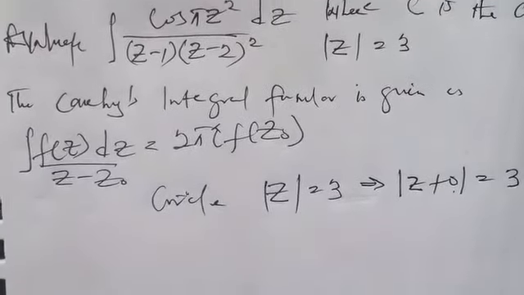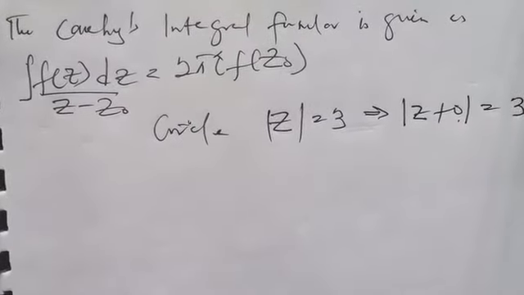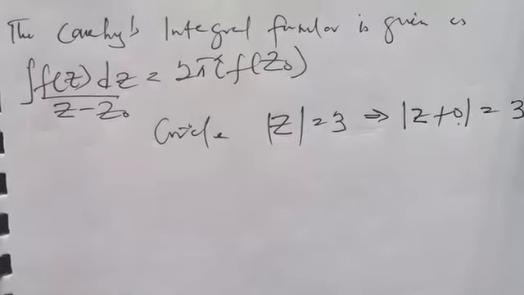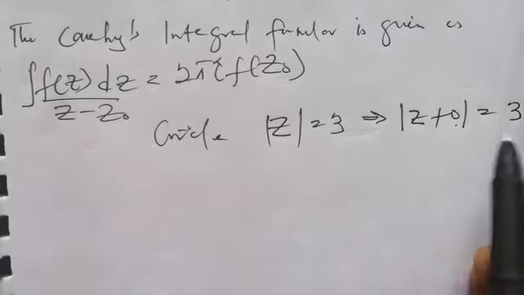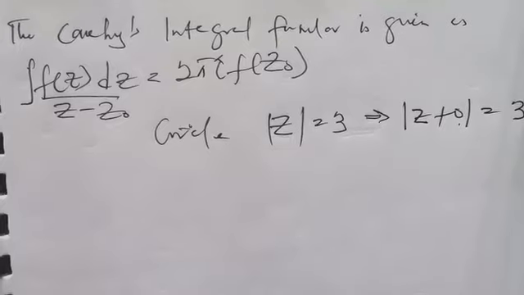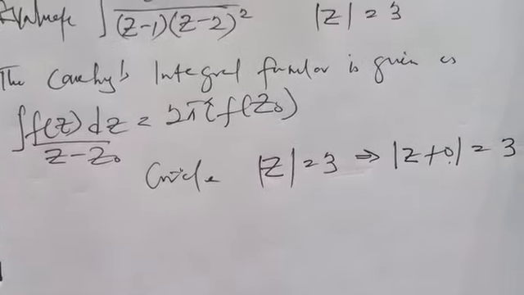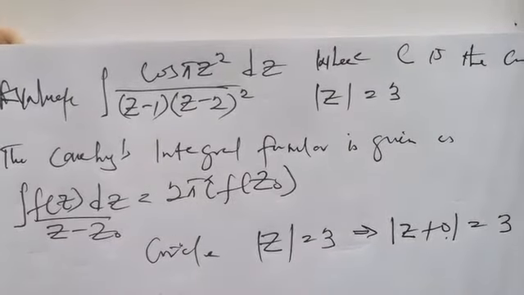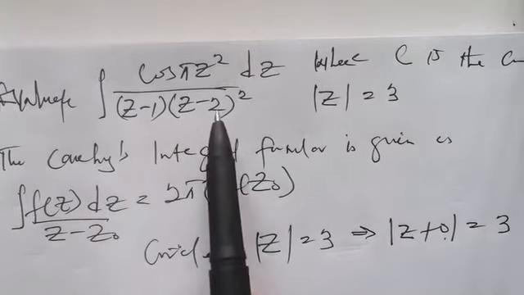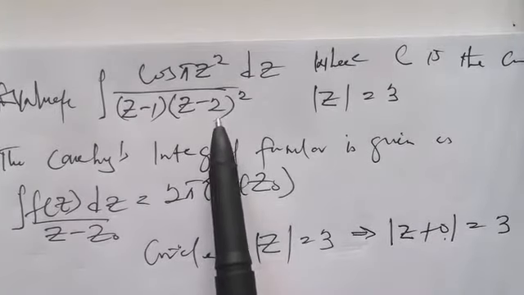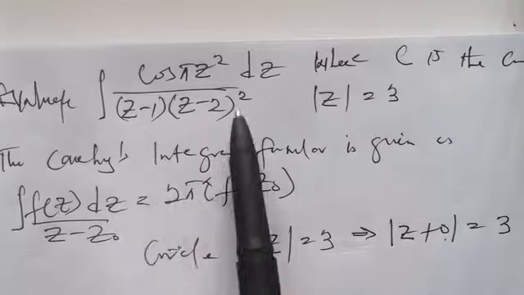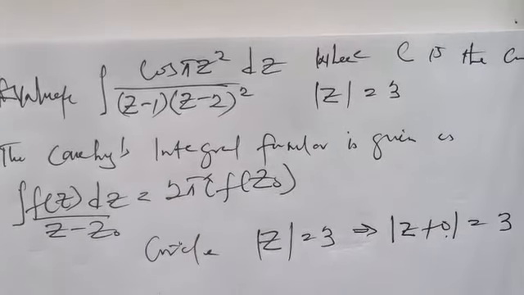We are going to plot the circle, then calculate our poles and see if they fall in the circle. Or before drawing the circle, let's find our poles. To find your poles, you first equate the denominator of the given integral to 0.